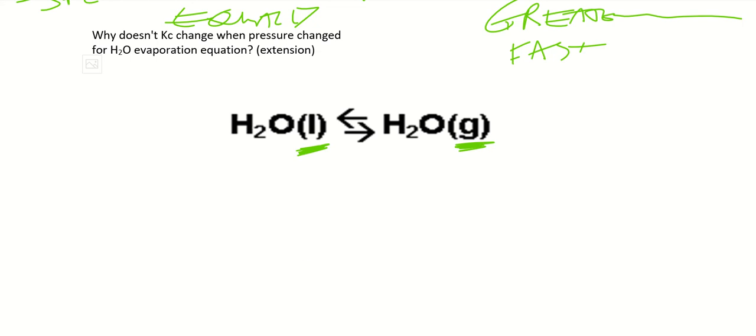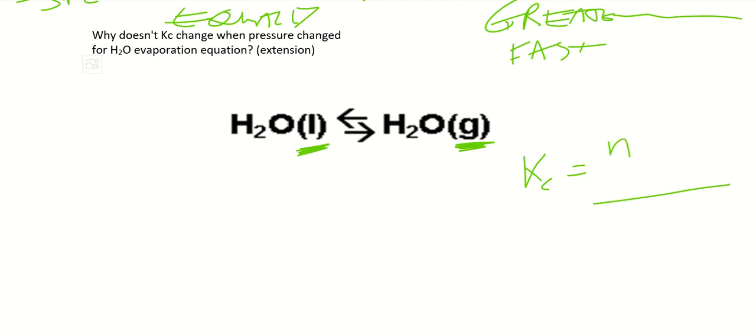But the way to treat them actually is, if you think about what Kc is. Kc is in this case going to be the concentration of water gaseous divided by the concentration of water liquid. Let's just think about what that is here.